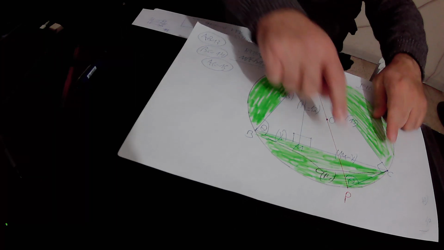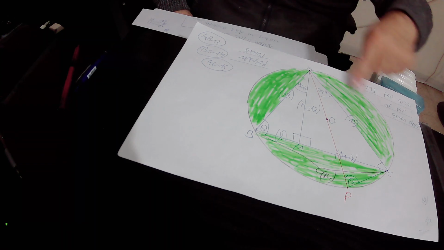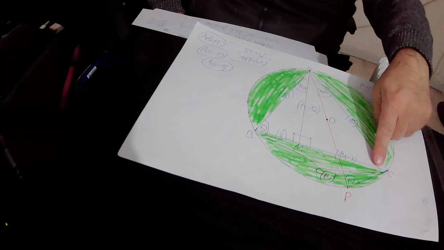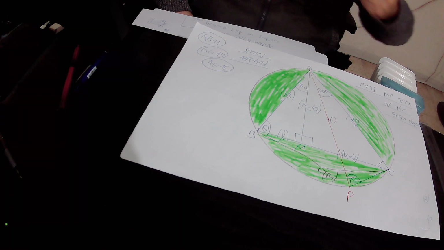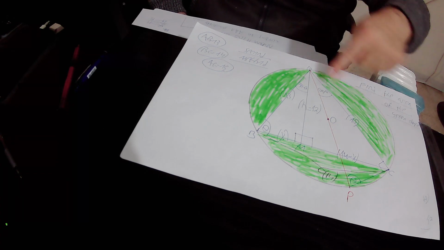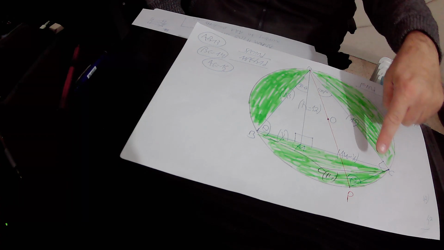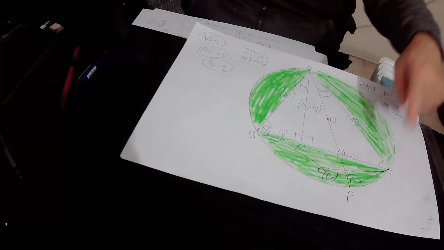we join points P and C together by a straight line. By joining points P and C, we created a peripheral angle ACP. Peripheral angle ACP rests on AP, that is the diameter of the circle. And we have the rule that any peripheral angle that rests on the diameter of the circle must be equal to 90 degrees. Therefore, peripheral angle ACP that rests on AP, that is the diameter of the circle, must be equal to 90 degrees.